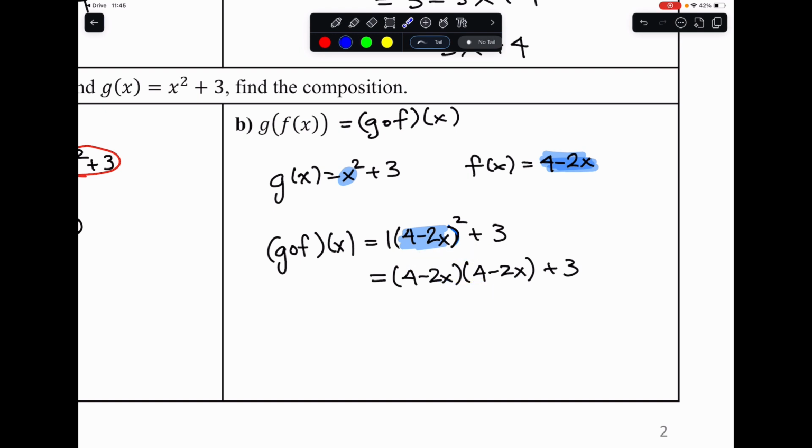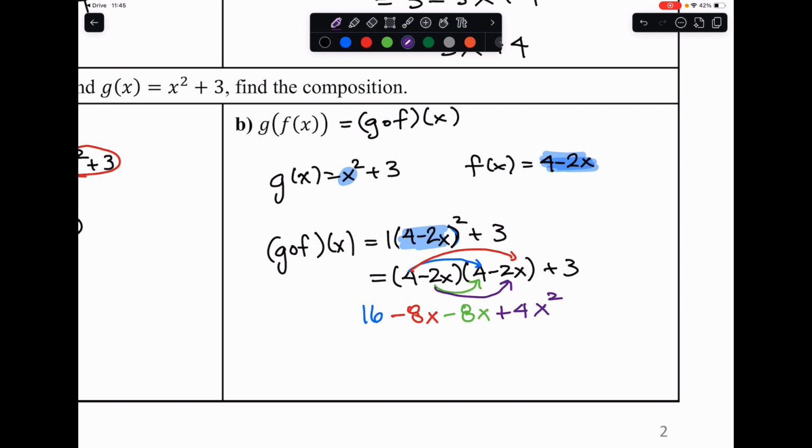So we're going to multiply positive 4 with 4, so that's going to be 16, 4 with -2, -8x, -2 and 4, that's going to be another -8x, and -2 times -2, that's positive 4, and since they both have x, x times x is x to the second power.